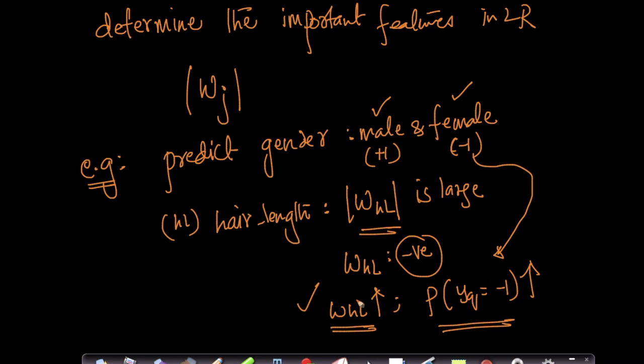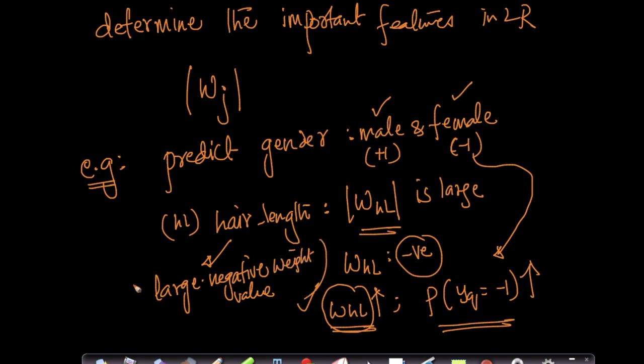And we saw that if the probability of the negative class increases as the feature increases, the weight itself will be a negative value. So hair length, in a real world situation, will have a large negative weight value, to be precise.